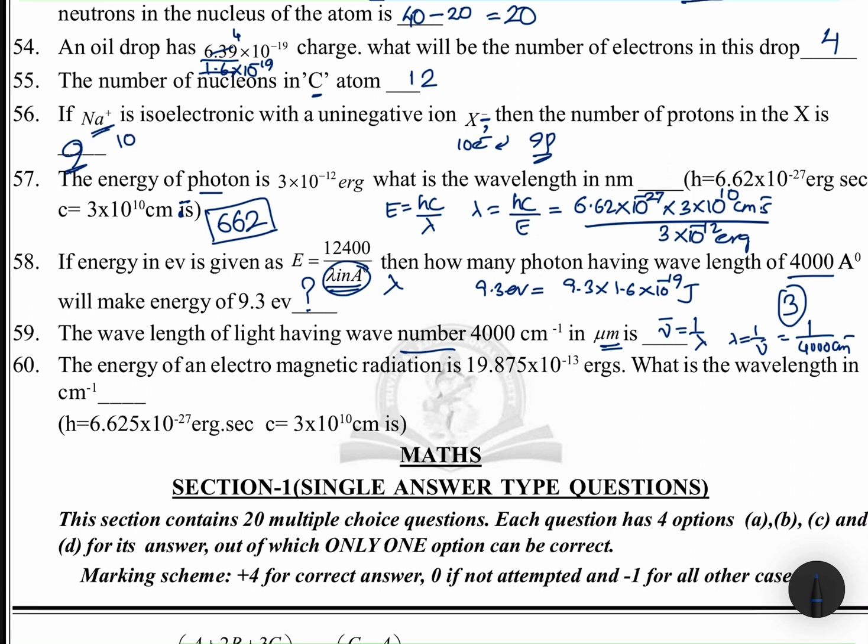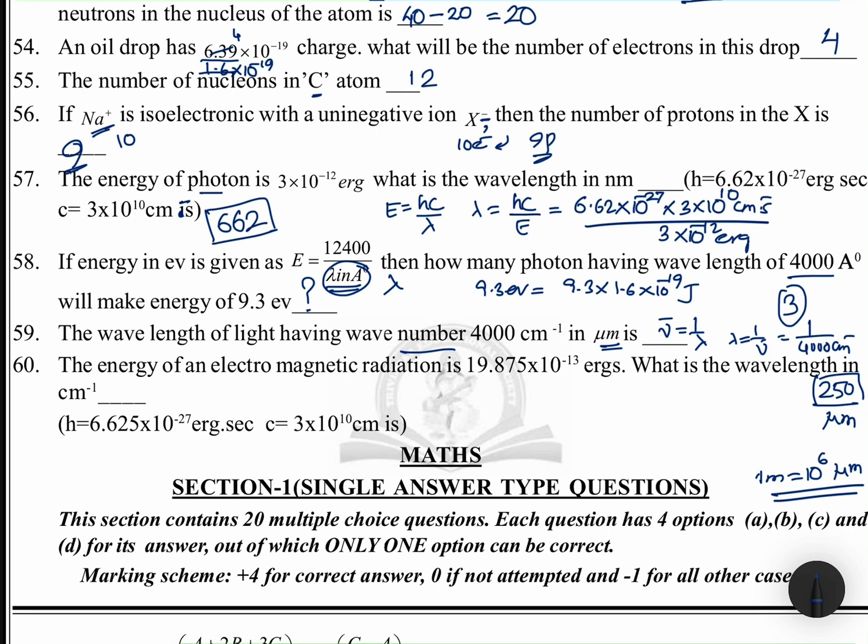If you simplify, finally you will get the answer as 250. If you are not getting it, let me know. Micrometers, we know the conversion: 1 meter is equal to 10 to the power of 6 micrometers, which we call micron.